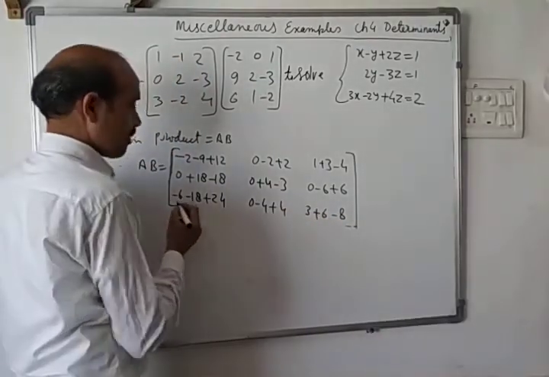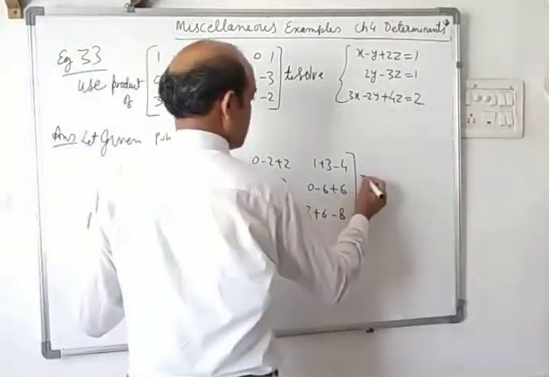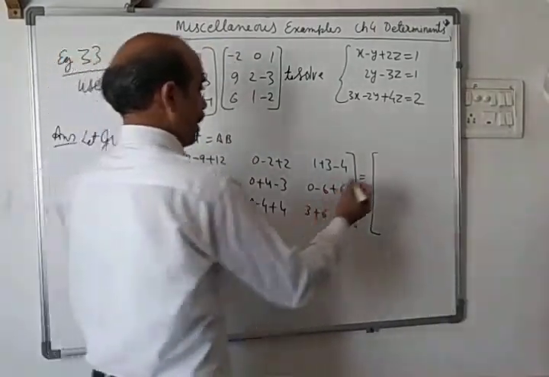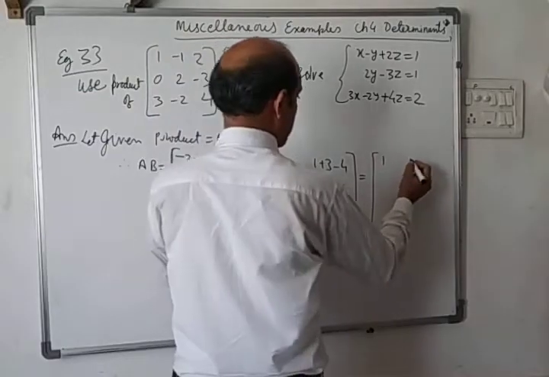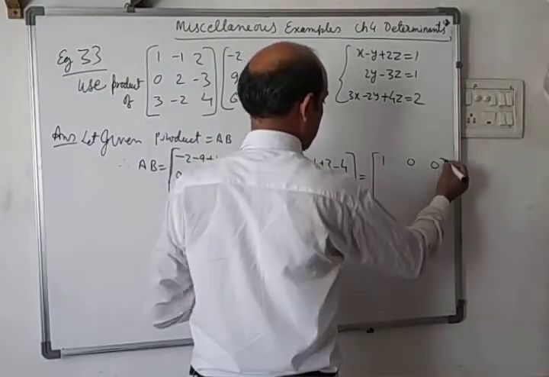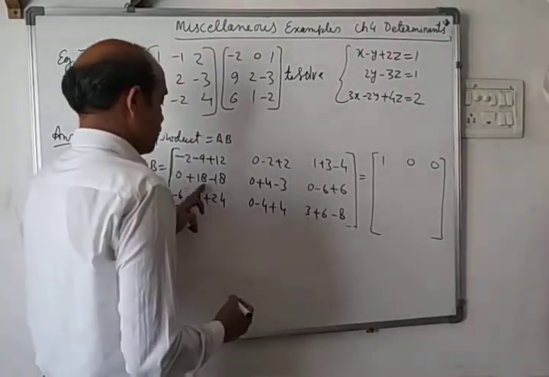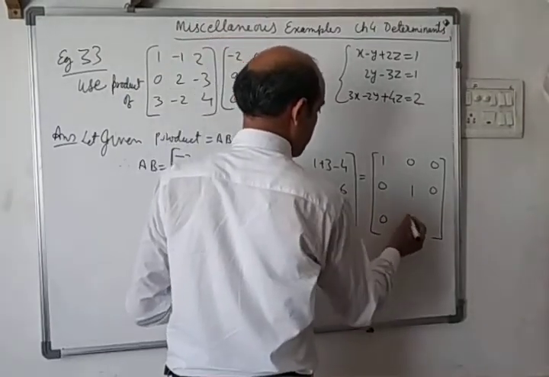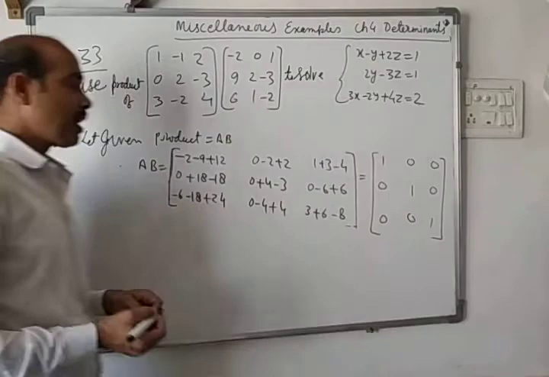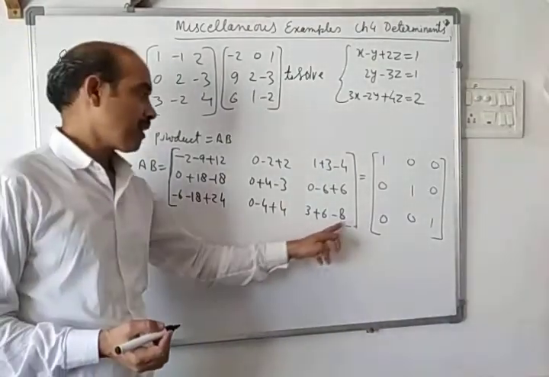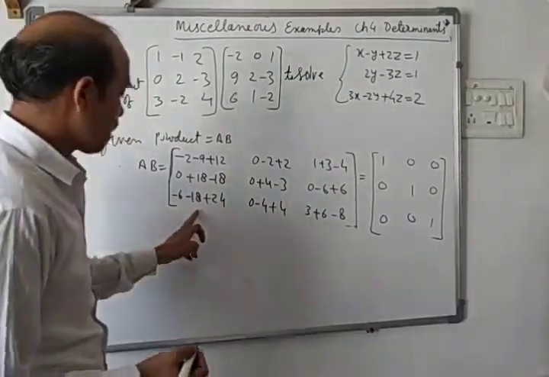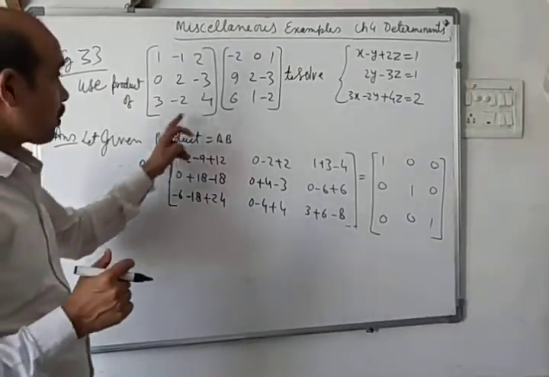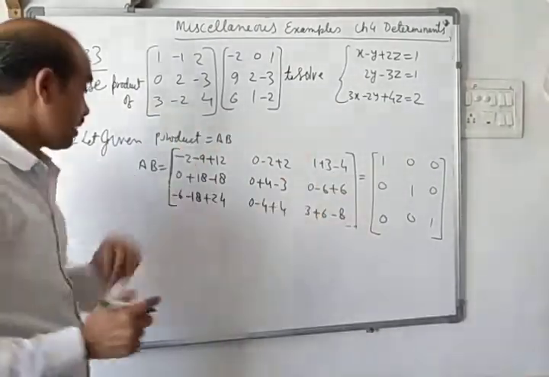So this is equal to 12 - 11 1, 0 0 4 -4, 0 4 -3 1 0 0 0 1. It is coming identity matrix. 9 -8 1, that rest are 0, 24 + 24 -24. So the given product is coming identity.